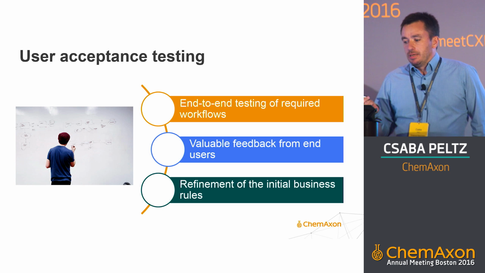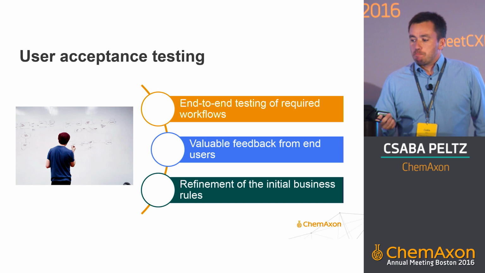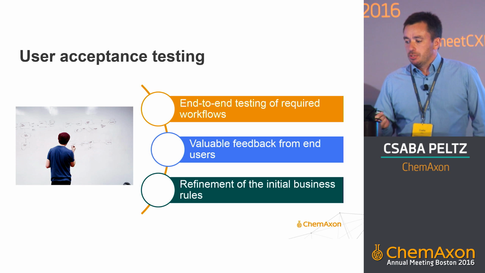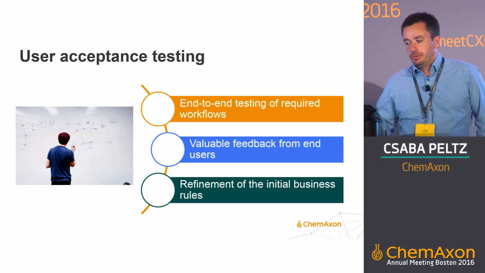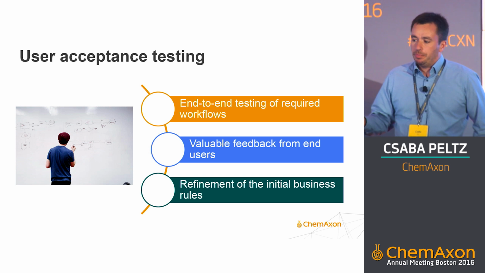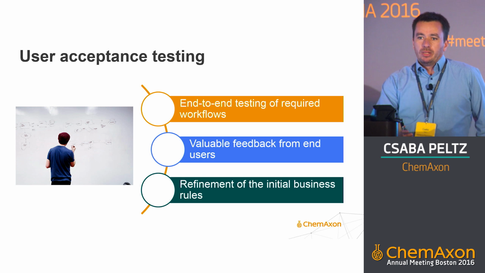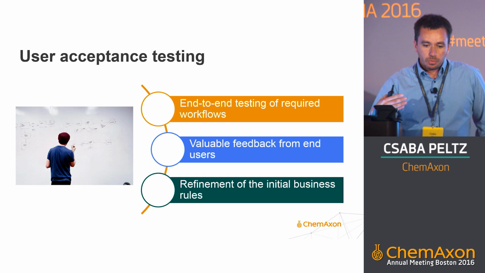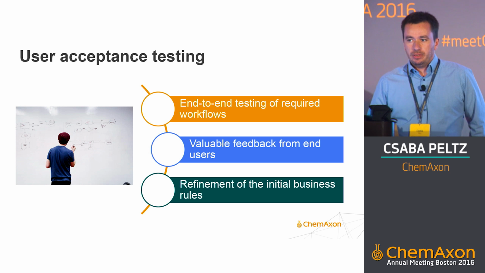User acceptance testing, that's one of the final stages, and I think the most important message here on this slide is that that's the point where you end up with some valuable feedback about the application itself, because that's the point when you can see how it works in real life use cases.